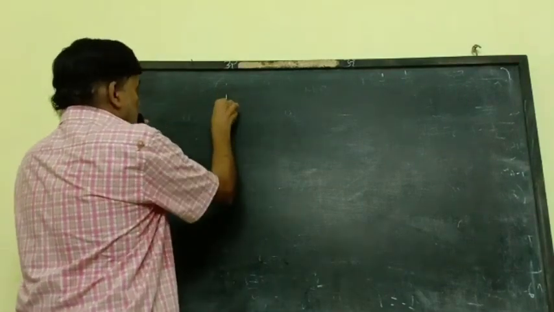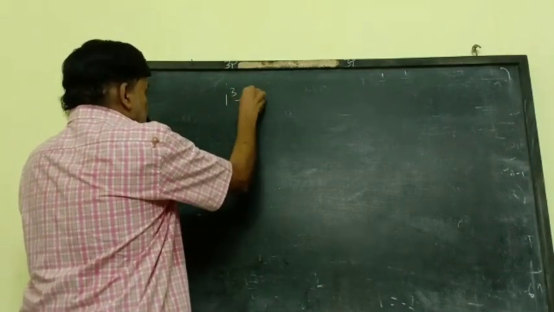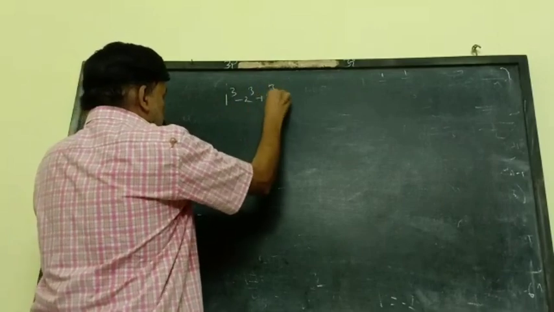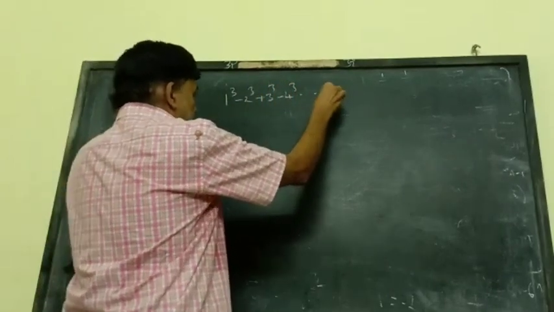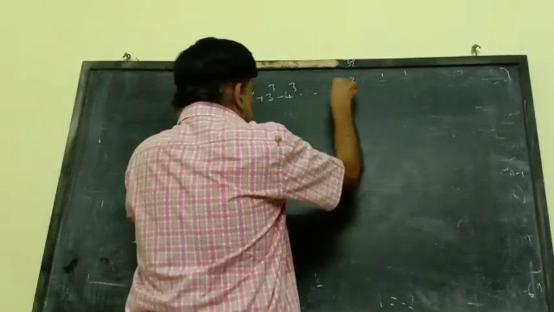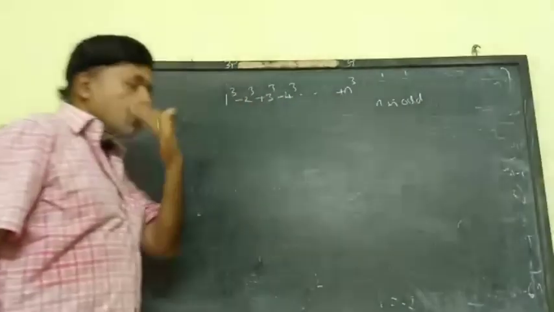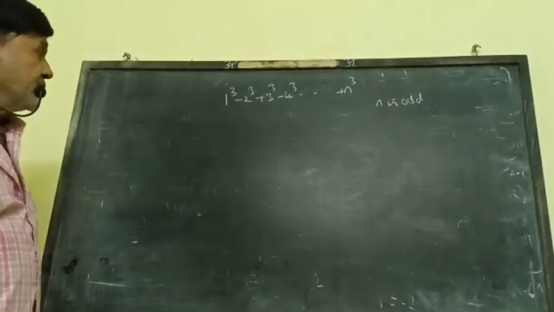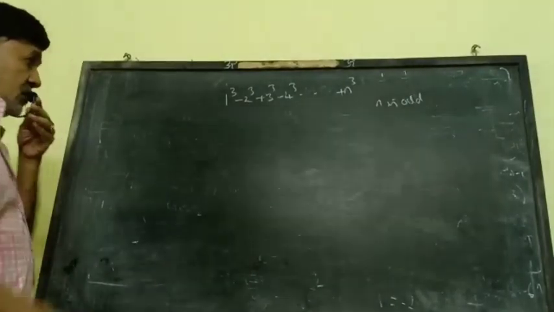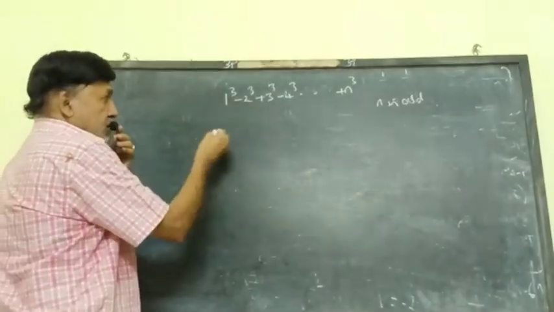Find 1 cube minus 2 cube plus 3 cube minus 4 cube up to n cube, where n is odd. See, you have to find a formula for this.